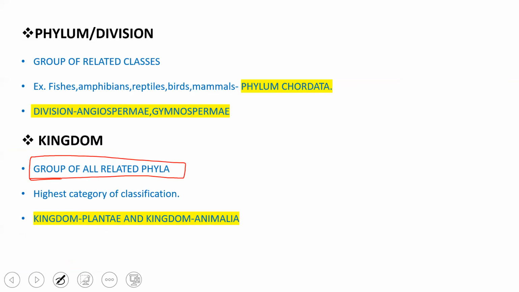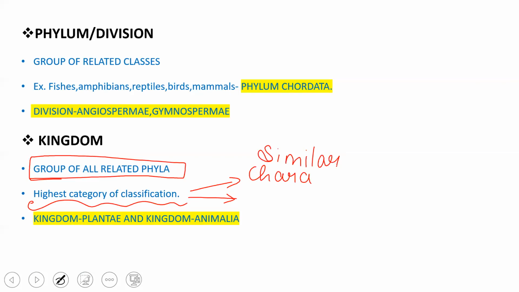It plays a very important role as the highest category of classification, because the common characters here are very few.